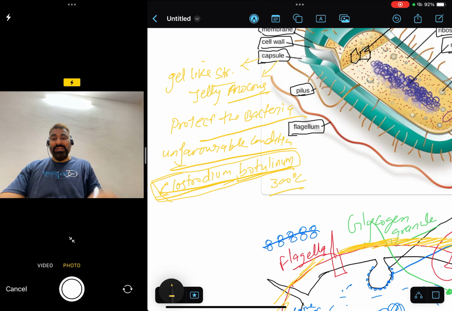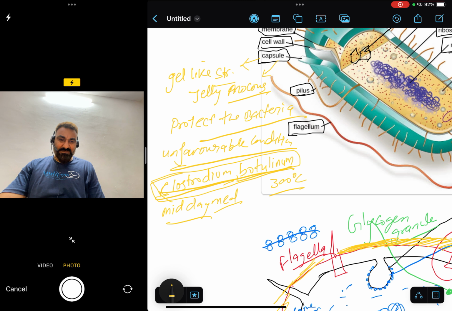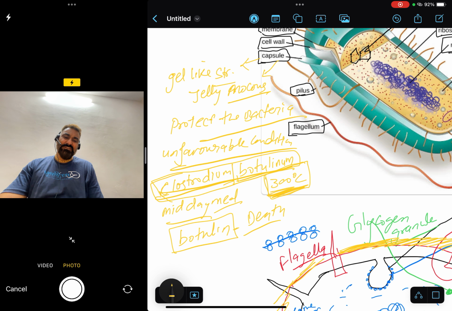In India, somewhere in a midday meal, we saw a news report that a group of people died due to food poisoning. Maybe this bacteria grew there. When the food is prepared and heated, it does not die because it survives at 300 degrees Celsius, and it produces a toxin known as botulin. This botulin causes death of the individual.